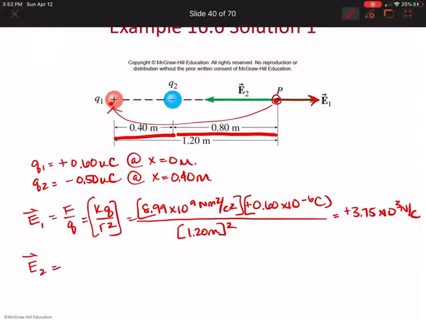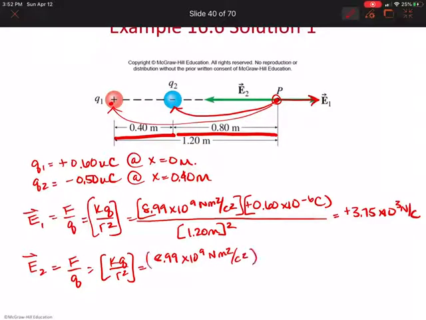All right, so now let's do electric field 2. That's due to this guy right here. That's this point due to that one right there. So the electric fields are always going to point towards the negative charges. So we've got the same equation, just some different numbers. We've got Coulomb's constant multiplied by the negative charge now.